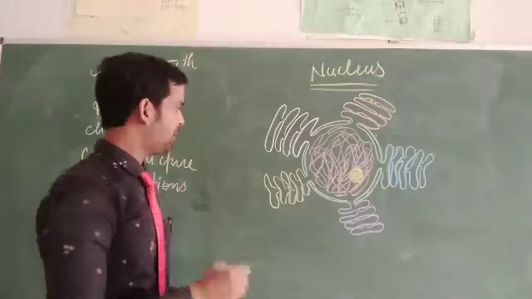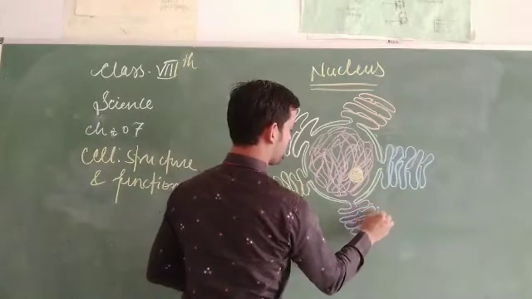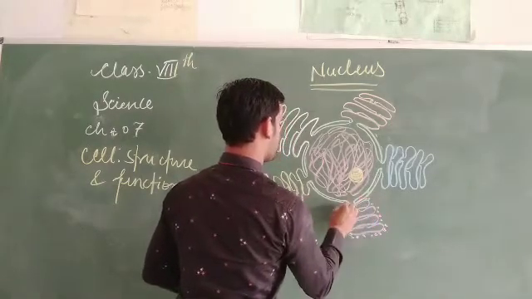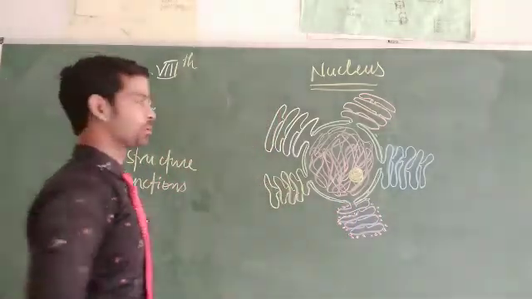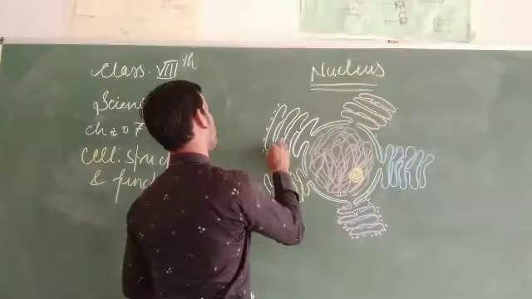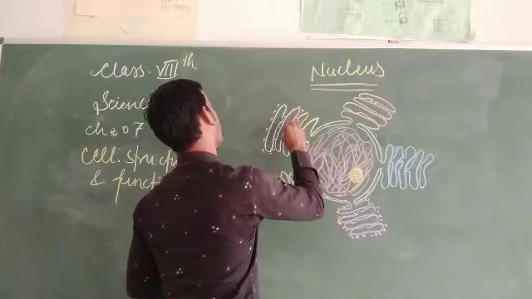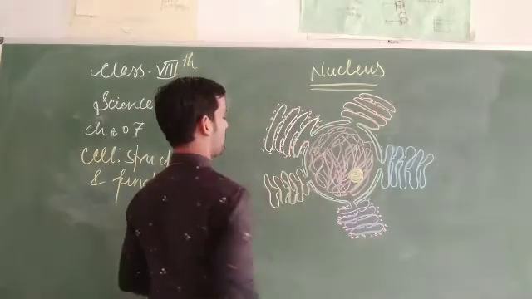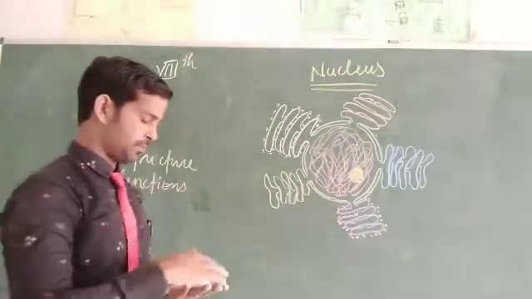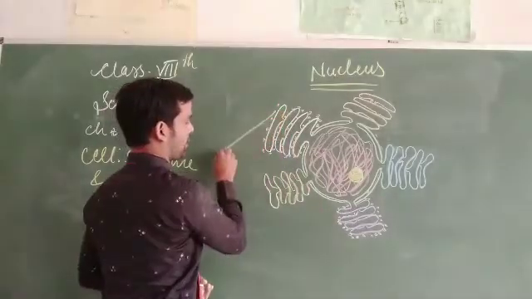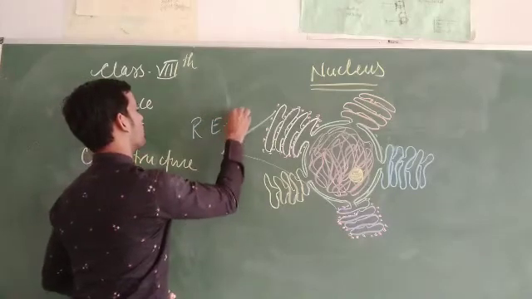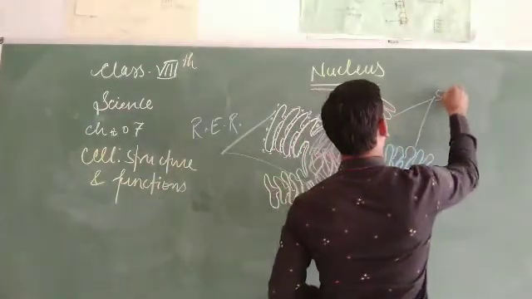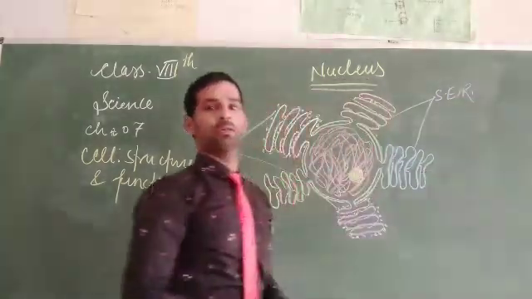Some of them have a number of ribosomes present on them, so it is rough. The other has no such structure. This one is called RER, that is rough endoplasmic reticulum, and that one is SER, smooth endoplasmic reticulum.